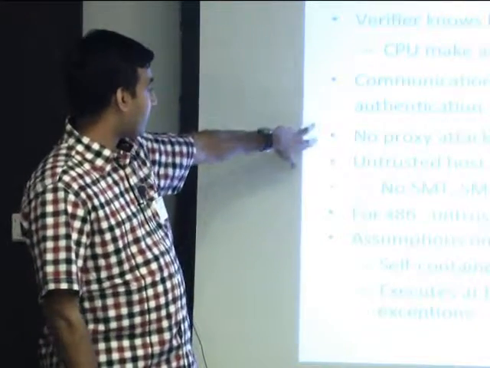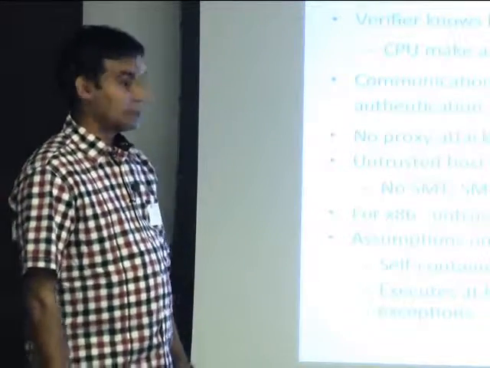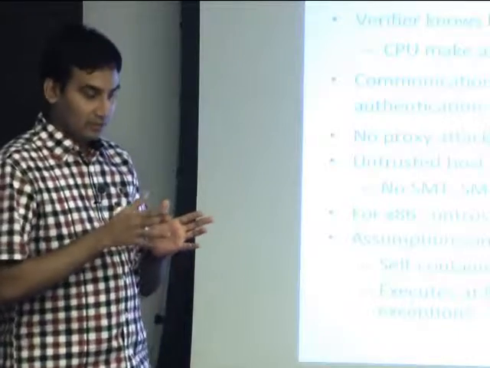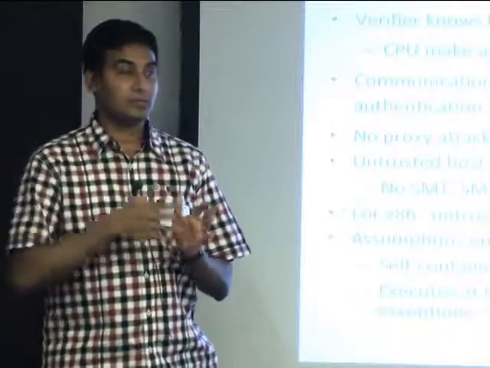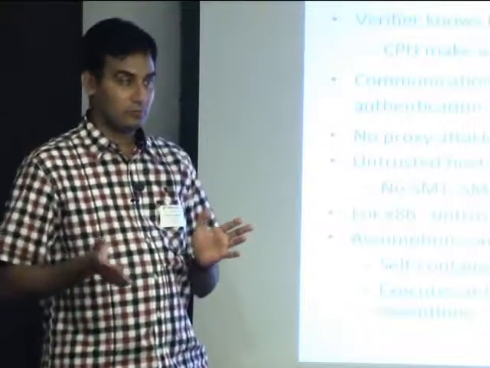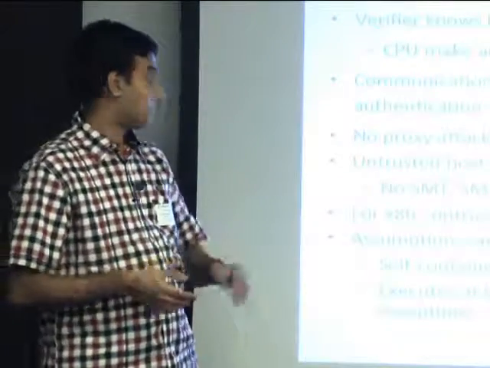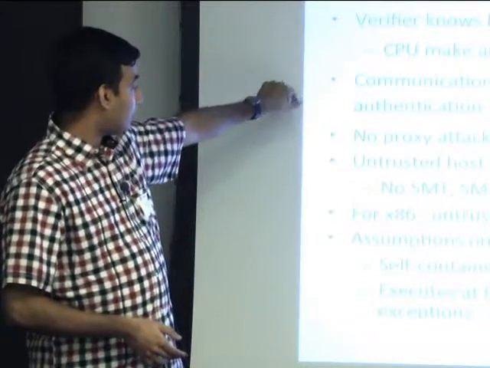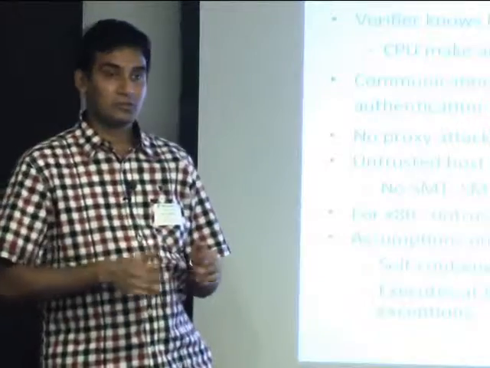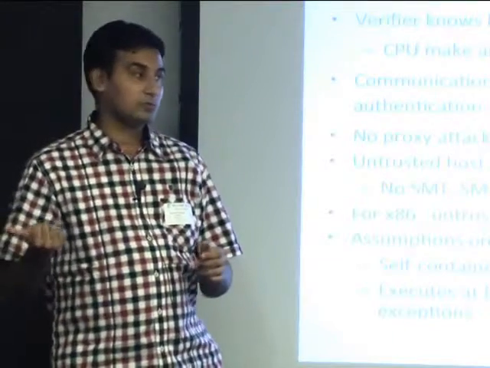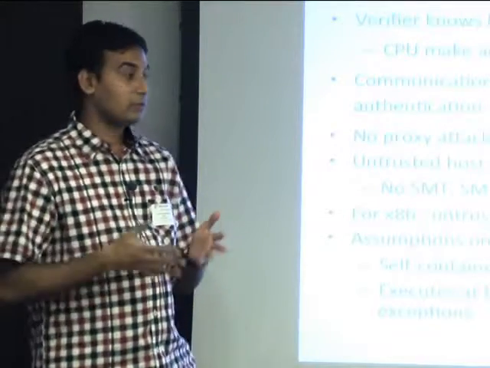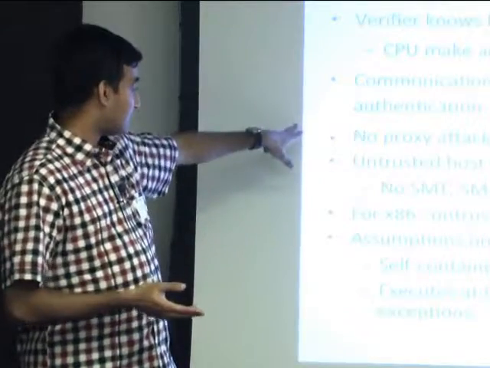Also, we have assumptions about the communication channel itself, so we want to make sure that the response, the checksum that we're getting, is actually coming from the host we're checking, not from somebody else, right? So that's one assumption. The other assumption is that this host is not simply forwarding the challenge to another faster host and colluding with it to compute the checksum. So these are all assumptions.